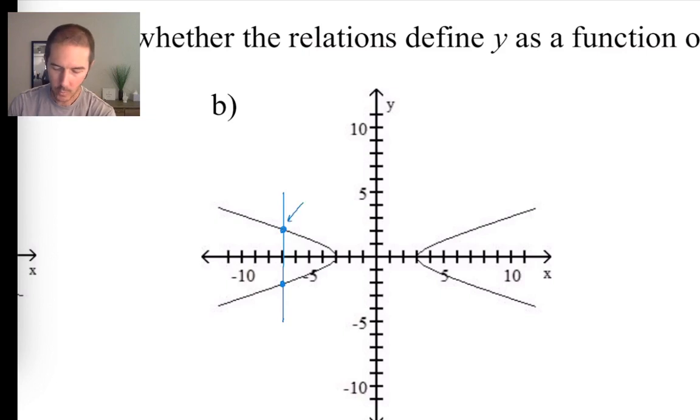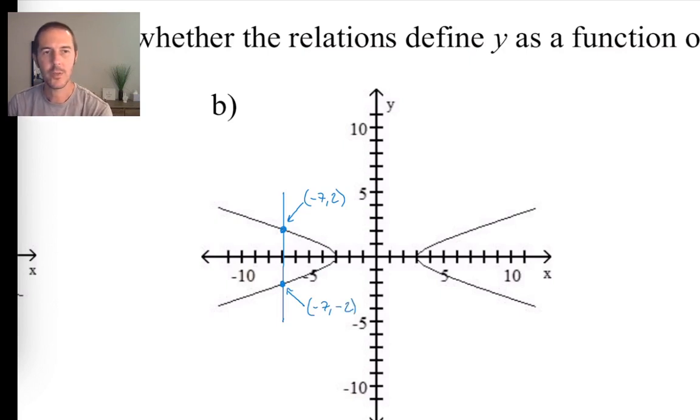Well, what's the x coordinate of this point? Actually I think this is at -7. So the x coordinate here is -7 and the y coordinate is approximately 2. And here, below that, this point also has an x coordinate of -7 and its corresponding y value is approximately -2.